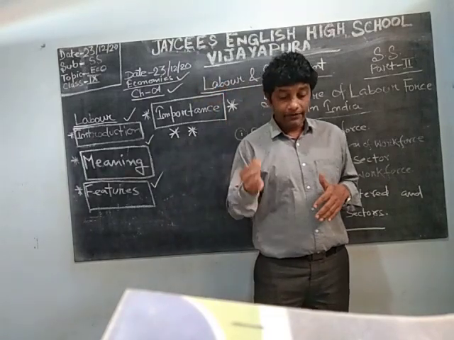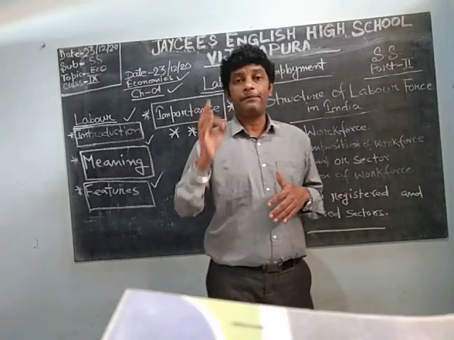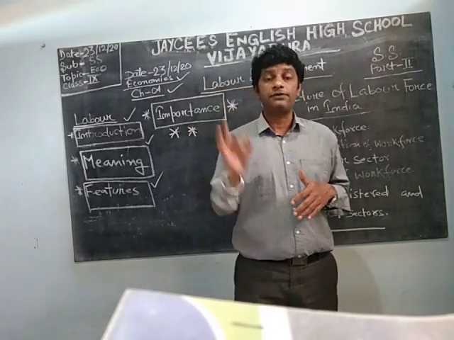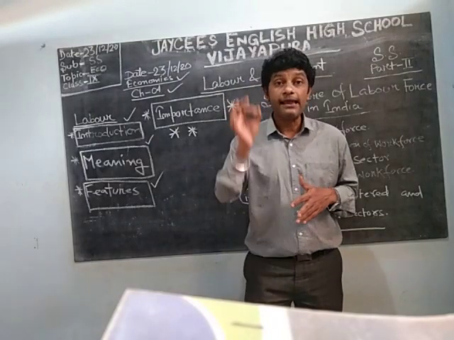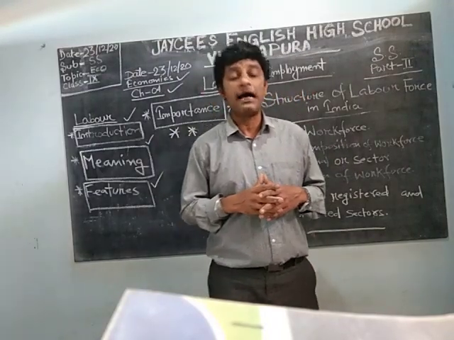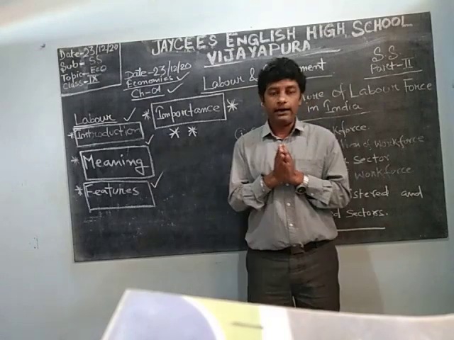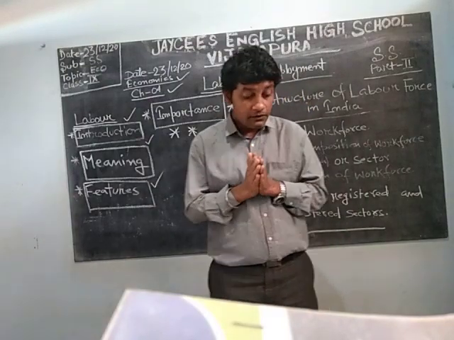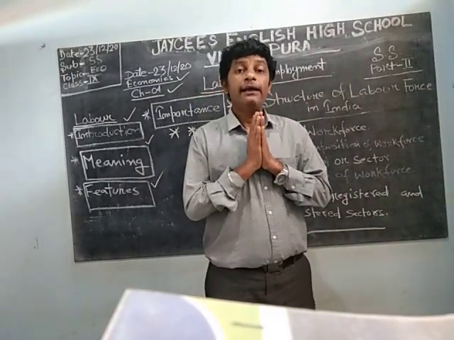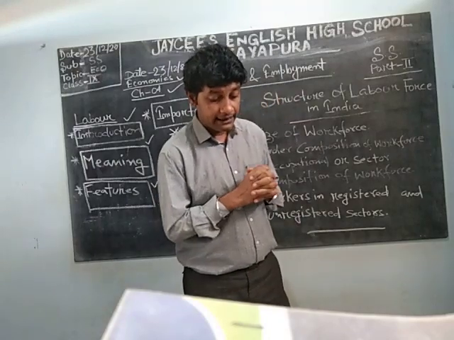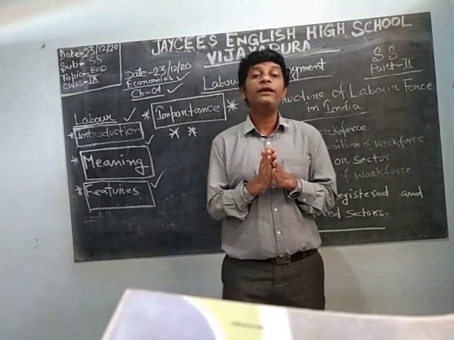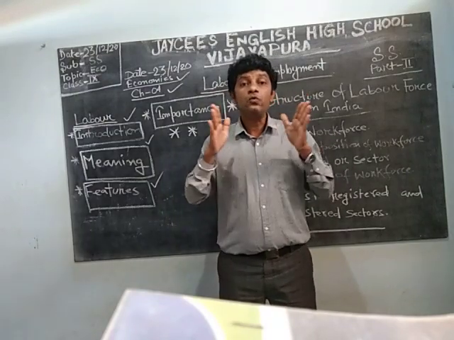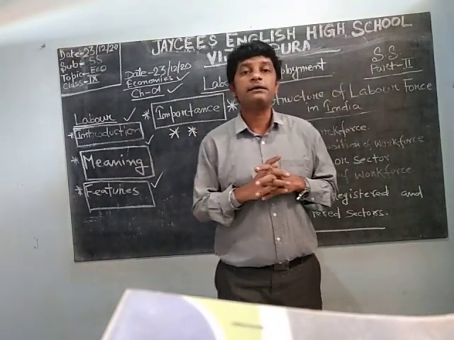The proportion of such persons who can be engaged in work is very high in India compared to other countries of the world. So that's why India is considered to have a demographic dividend. Demographic dividend means we have a huge proportion of workers.